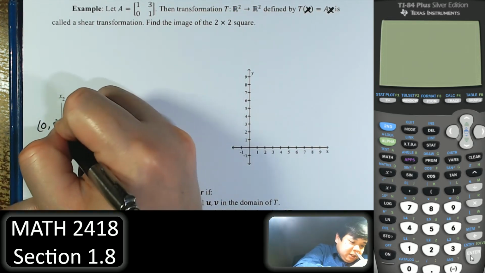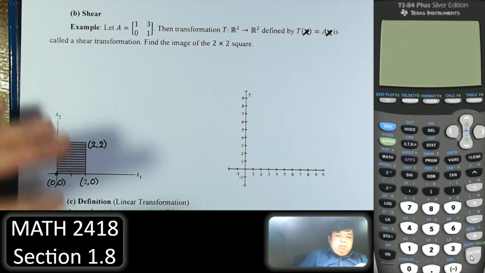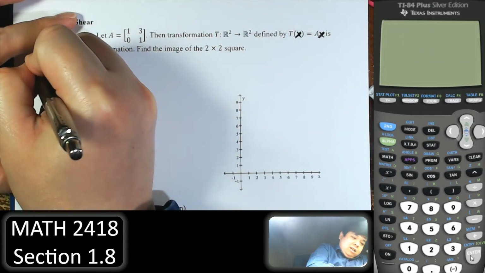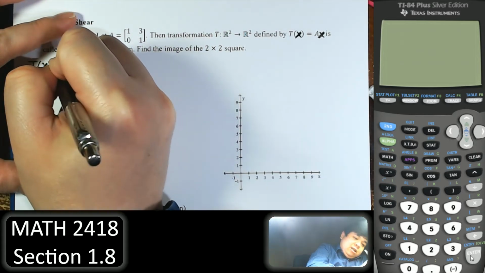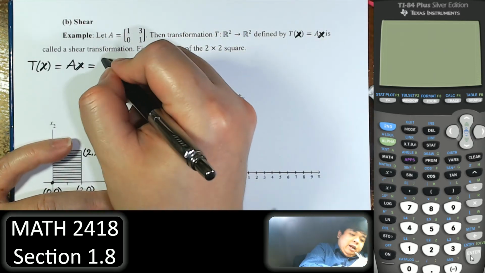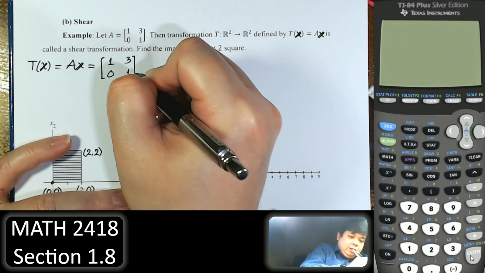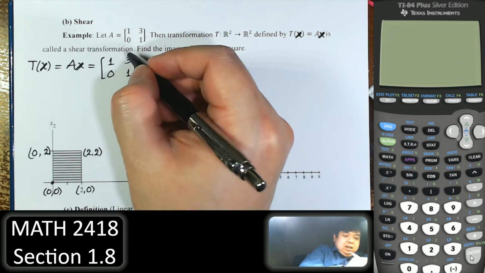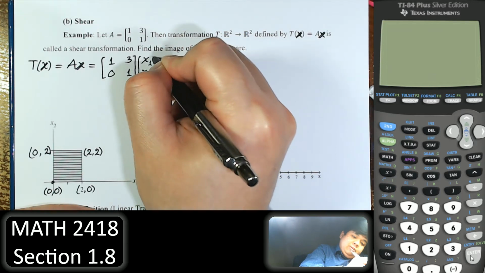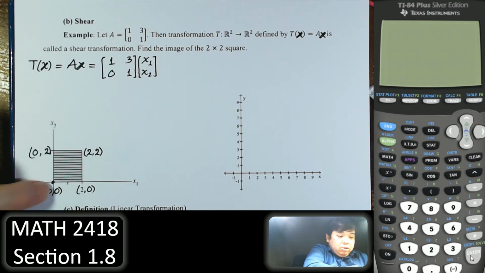Now we're going to find the image of these points. It's easy. A point is just like a vector, so I just take T of x equal to Ax, and A is 1, 3, 0, 1, and x is x1, x2. Then we just put all those points in.